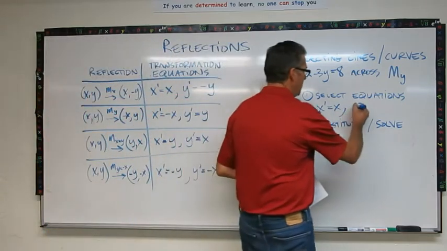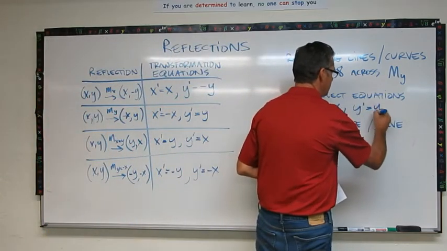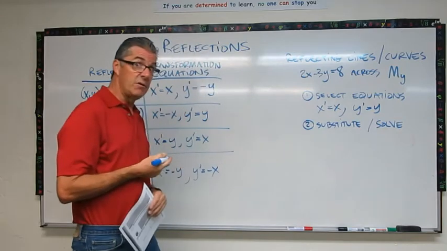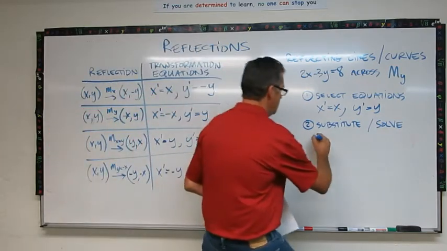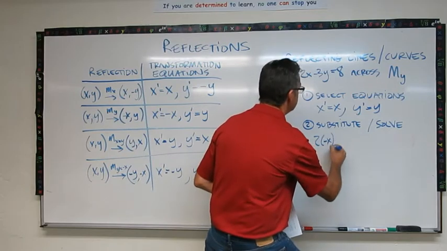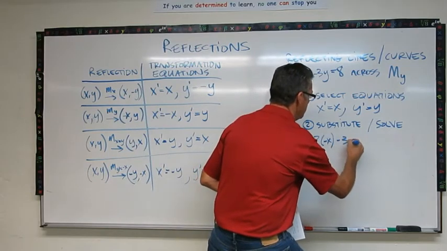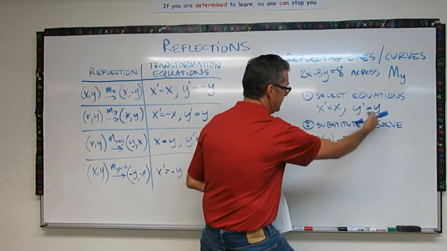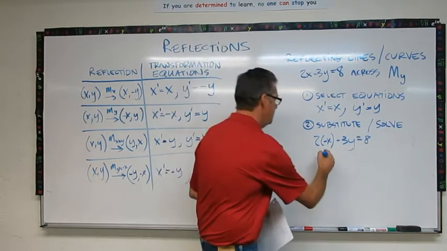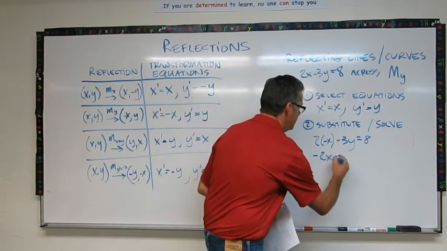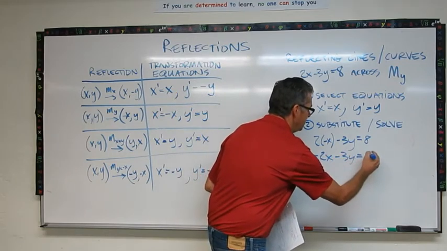So we get y prime just equals y. So now what we do is we substitute that into the regular equation. So we get 2 times negative x minus 3y, because we're just putting in the same y for that, equals 8. Let's finish this up. This is minus 2x minus 3y equals 8.